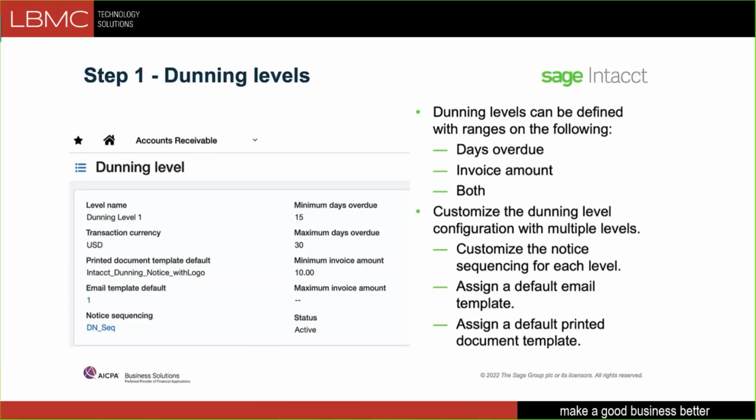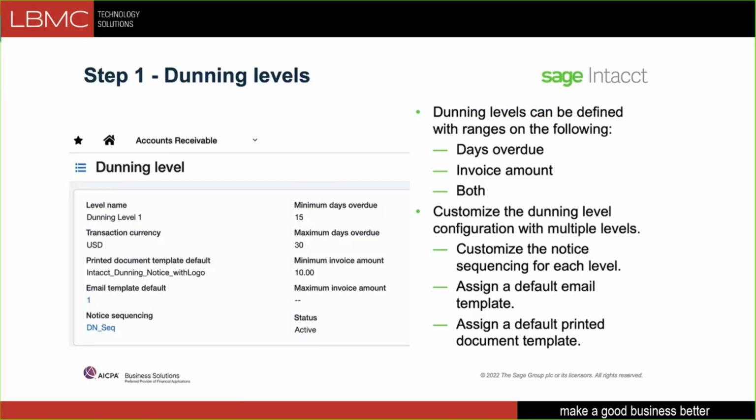If you're using multi-currency, you can set up different dunning levels for different transaction currencies. And then the printed document template default, you'll already have one in the system, just like an invoice default, but you can set up a custom one with your logo if you want. That's where that selection would come into play.